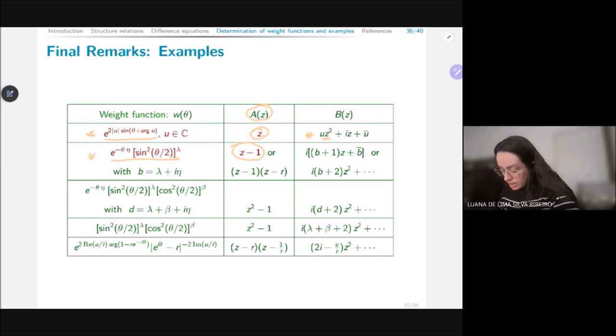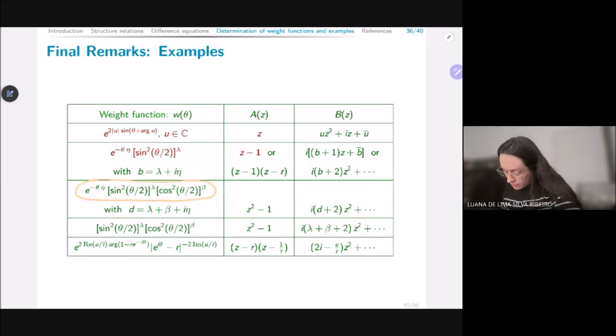In this second case, A(z) has degree 1, and B(z) also has degree 1. But this example also belongs to classes 1, 1 and 2, 2. So we can also find A(z) like this formula and B(z) basically this formula, a polynomial of degree 2. These wave functions are interesting because they generalize this one and this one.